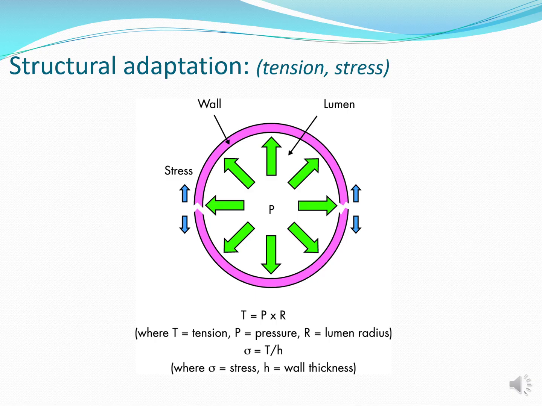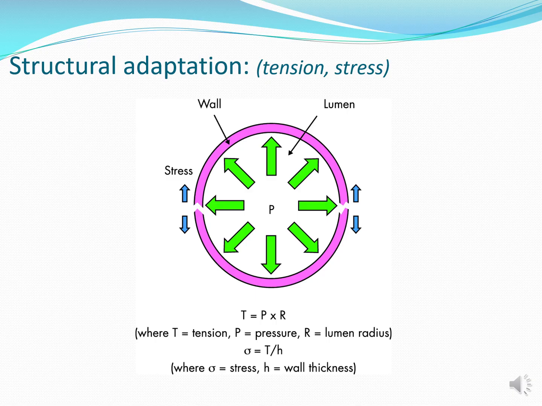Now, what we care about more is what you call stress, wall stress. Wall stress is the tension divided by a unit of muscle. So if we divide tension by the wall thickness, we get what you call stress.